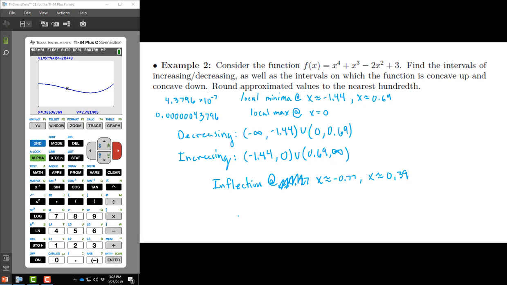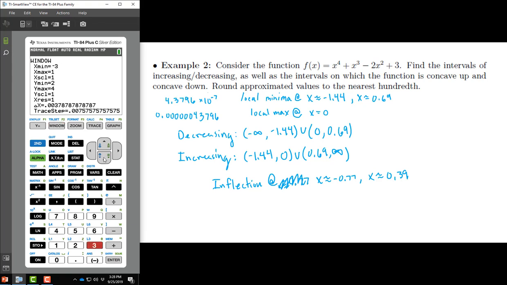But once we've determined those inflection points, let me go back to that previous window. Where were we at? We were at -3 to 3. We were at -1 to 5, I believe, just so we can see the whole graph. Now we can write out our intervals of concave up and concave down.